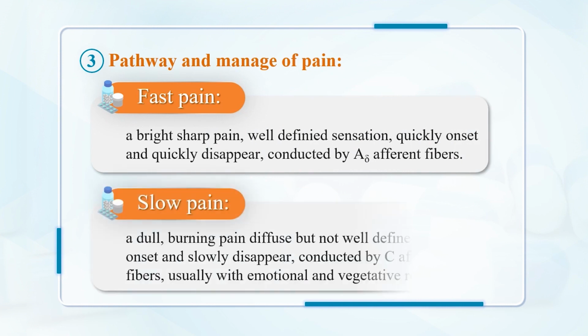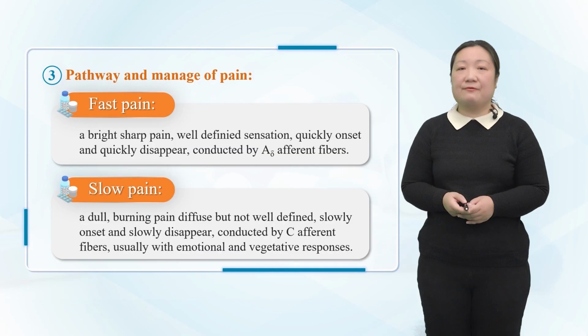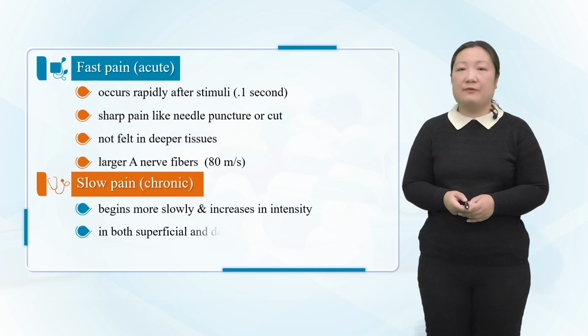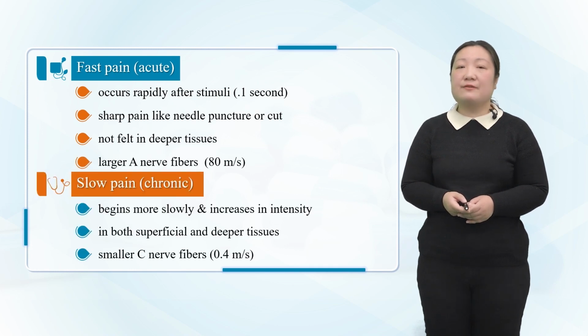Fast pain is bright, sharp pain, a well-defined sensation, with quick onset and quick disappearance, and is conducted by different fibers. Slow pain is dull, burning pain, diffuse but not well-defined, with slow onset and slow disappearance, conducted by different fibers, usually with emotional and vegetative responses.